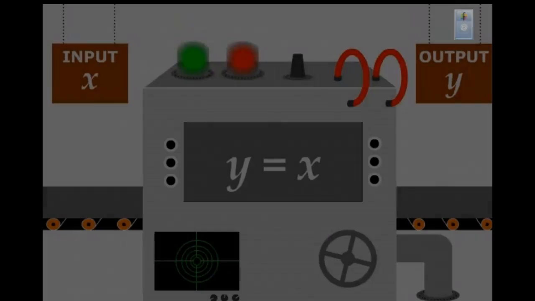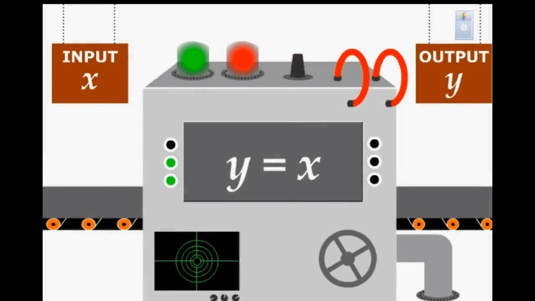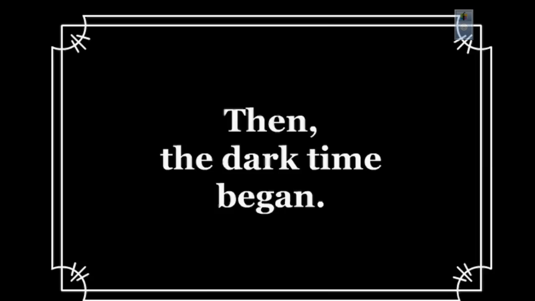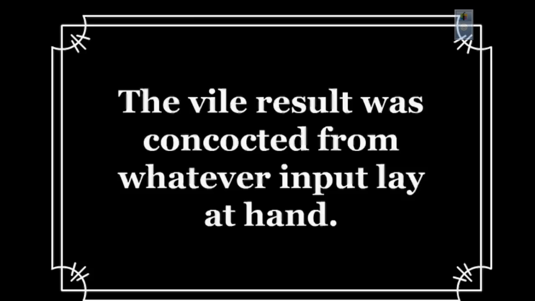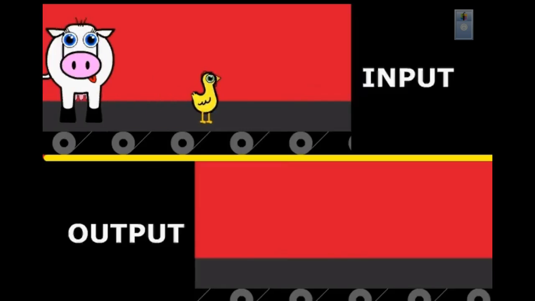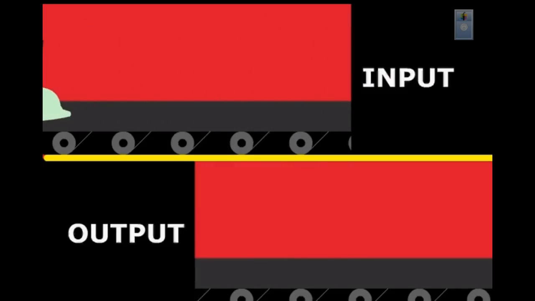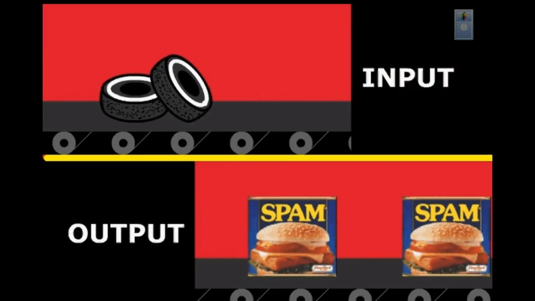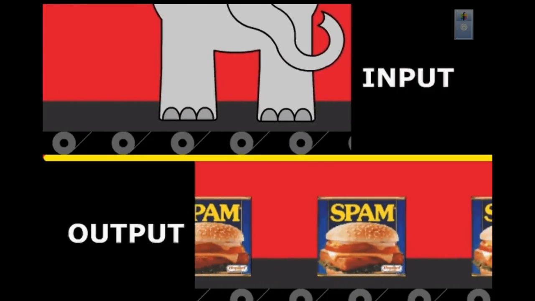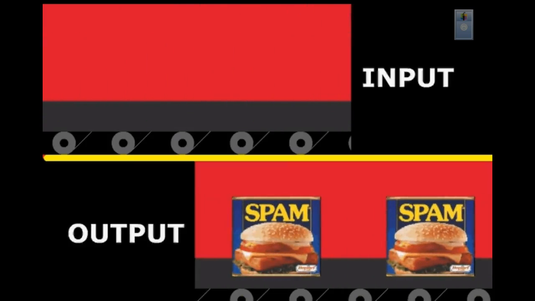So in that one, the cows came in, the cows came out, right? We look at our function machine, right? I don't know that this is true for spam.